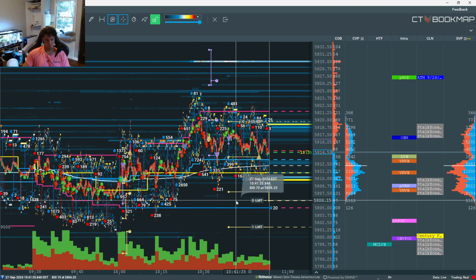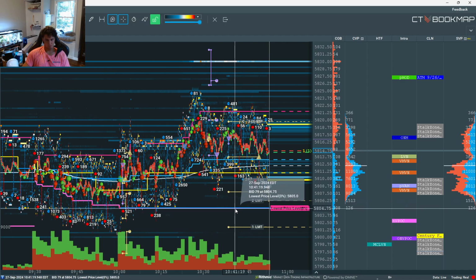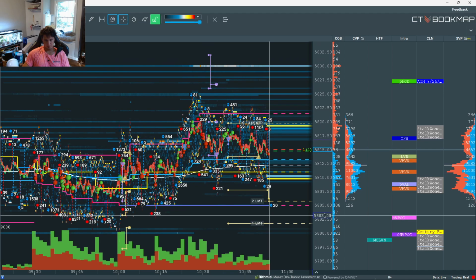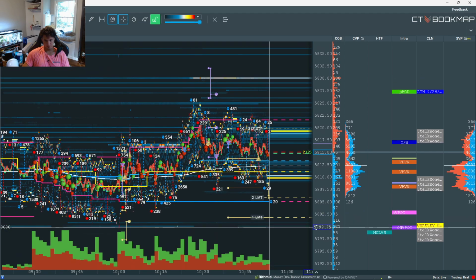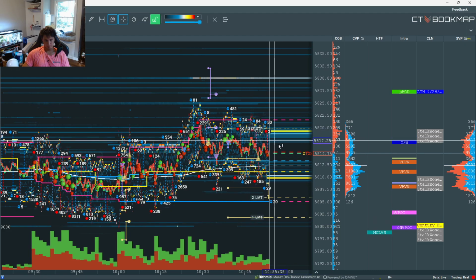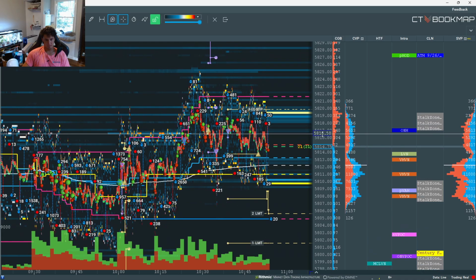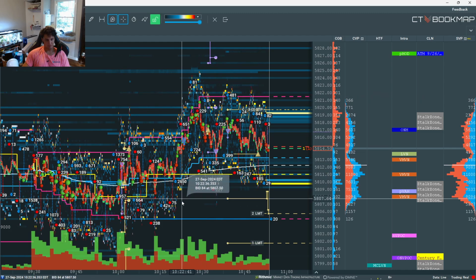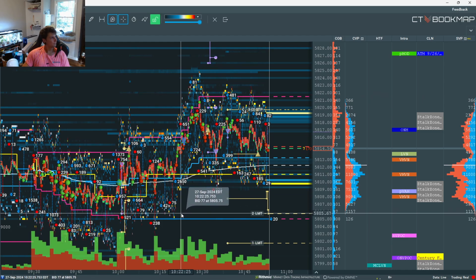IB low. That's the trade, because if this isn't taken out, then we have potential to take this out.